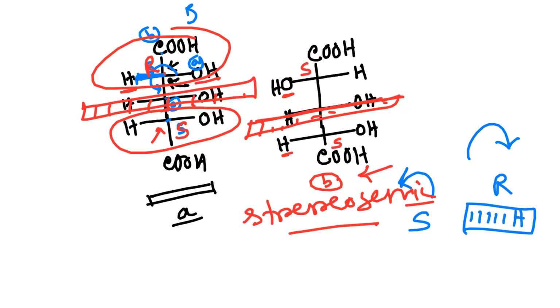Then we will see, and one thing I forgot to mention: the center which is actually destroying the chirality, the center through which the plane of symmetry is passing, is called a pseudo asymmetric center. Okay, there is a name. Now we will see an example.